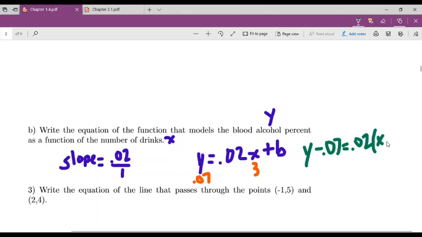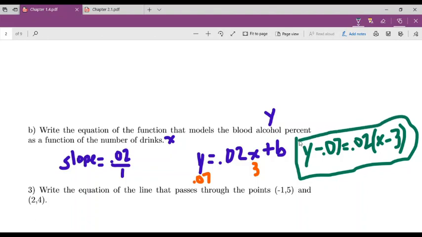And your x1 here is 3. So since we are focusing on point slope in this particular one, this would be the equation here that shows y as a function of x, or in this case, that models blood alcohol percent as a function of number of drinks. Okay, that's point slope form.